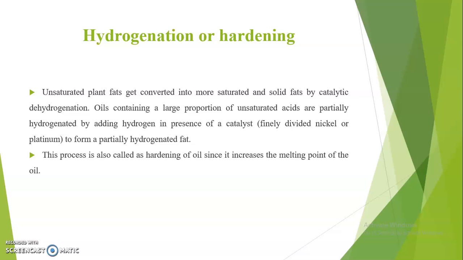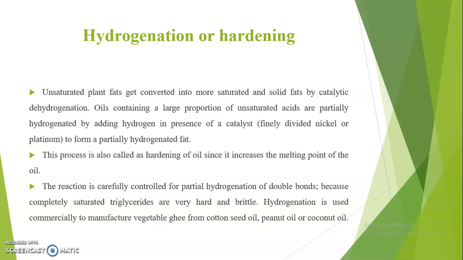The reaction is carefully controlled for partial hydrogenation of double bonds, because completely saturated triglycerides are very hard and brittle. Hydrogenation is used commercially to manufacture vegetable ghee from cottonseed oil, peanut oil, or coconut oil.